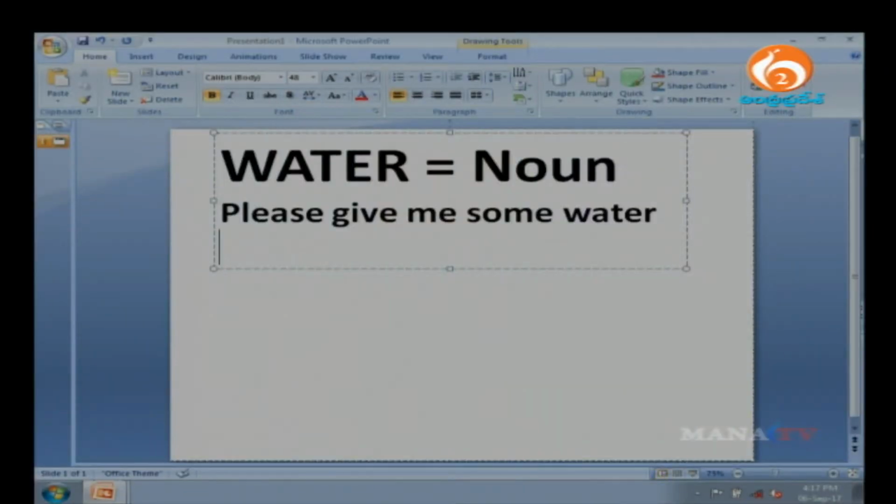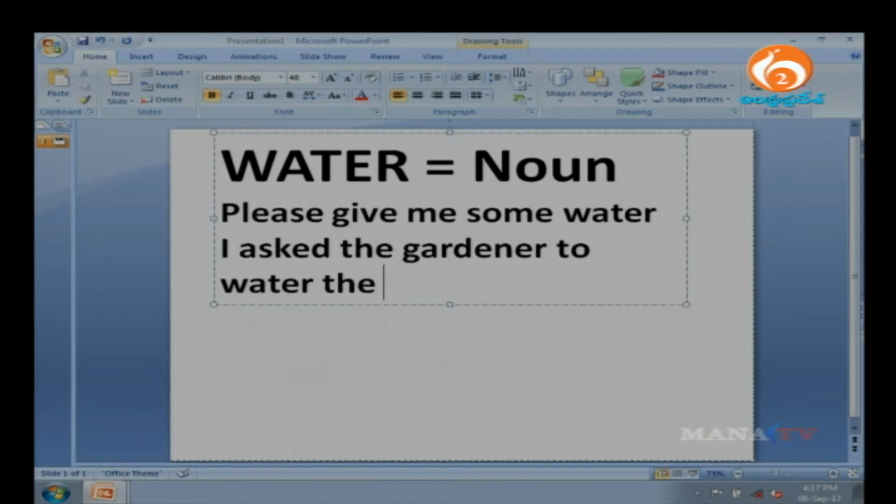Now if I have a sentence, this is an instruction.